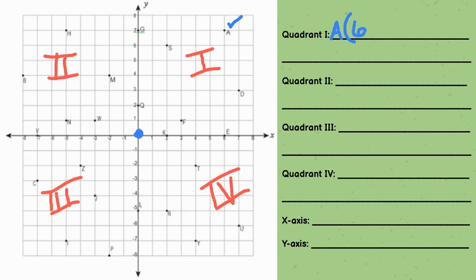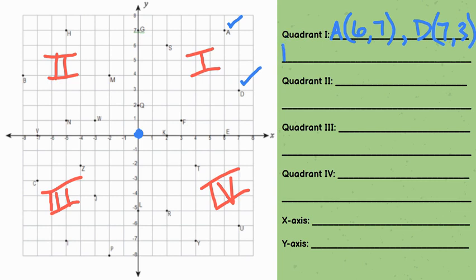So our ordered pair is going to be (6, 7). All right, let's do point D. So we're going to start at the origin, go over to 7, up to 3. And that is the ordered pair D.